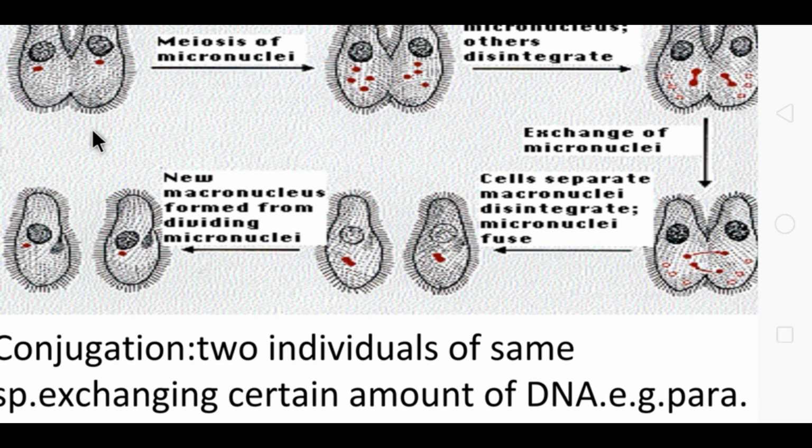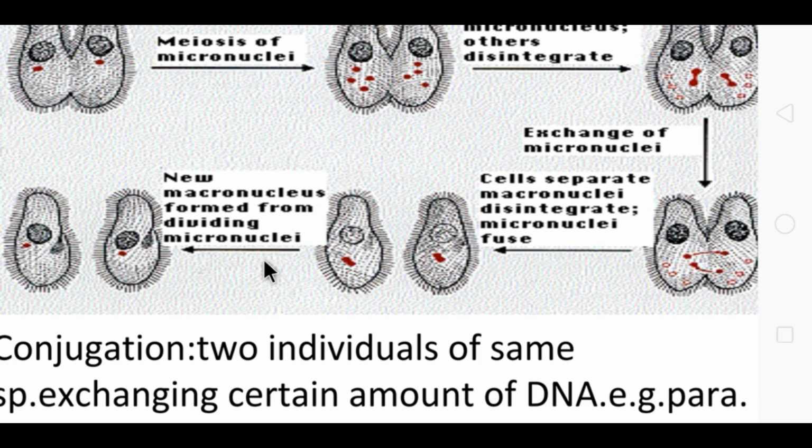In Paramecium, meiosis of the micronuclei occurs. Two types of nuclei are present: one is the macronucleus, another is the micronucleus. The macronucleus is involved in metabolic activity, but the micronuclei are involved in hereditary activity.